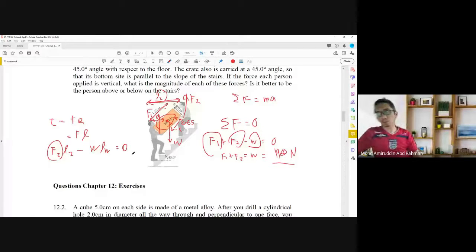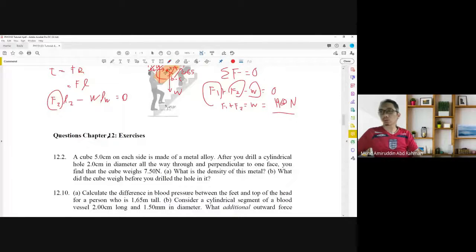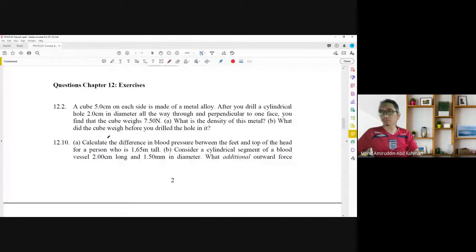So which one is better? You know yourself, right? By determining which has the smaller force. So that's for 11.71. Okay, so let's go to chapter 12.